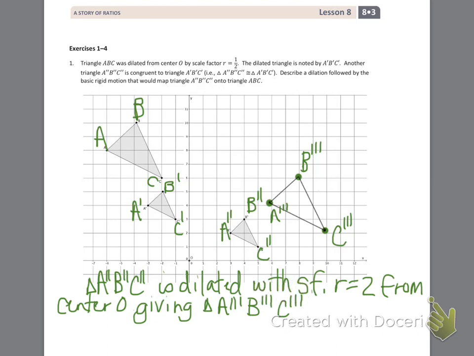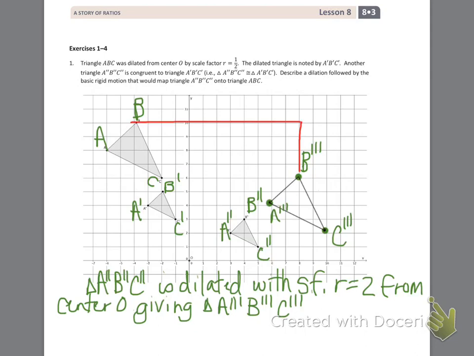So now all we need is a basic rigid motion that will move the triple prime triangle over to our ABC triangle. So that's going to be a translation, and that's going to look like this.